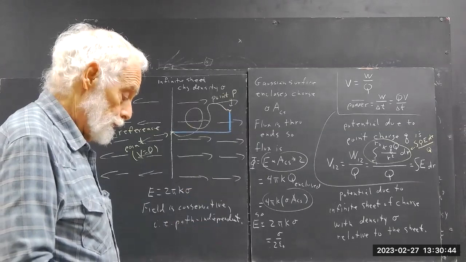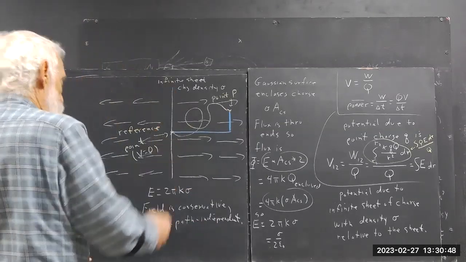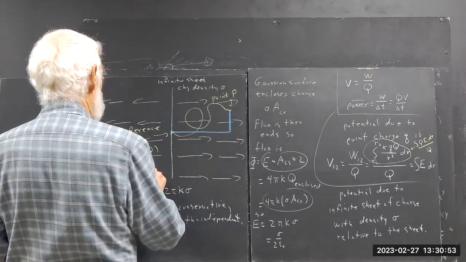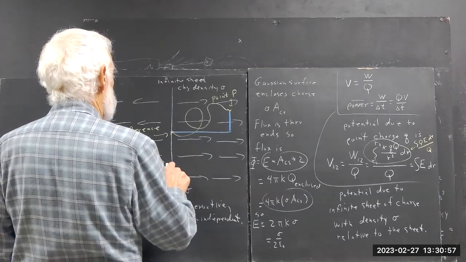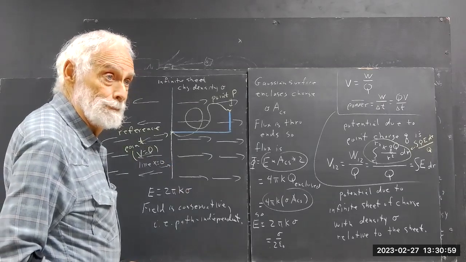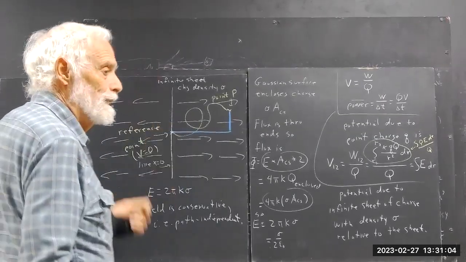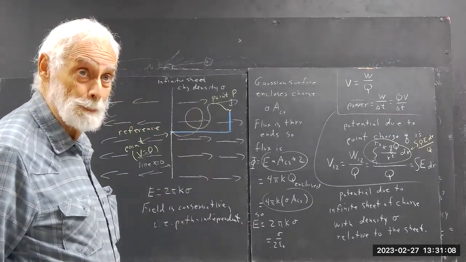If you know the coordinates of this point. Now let's say that your infinite sheet is on the plane x equals 0 in an XYZ coordinate system. X this way, Y this way, Z that way.